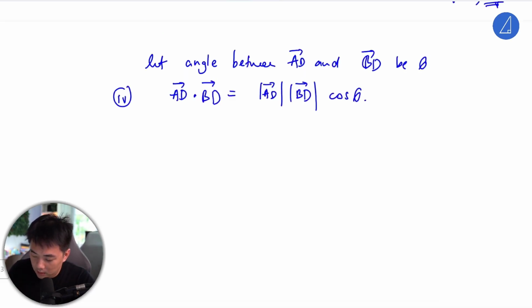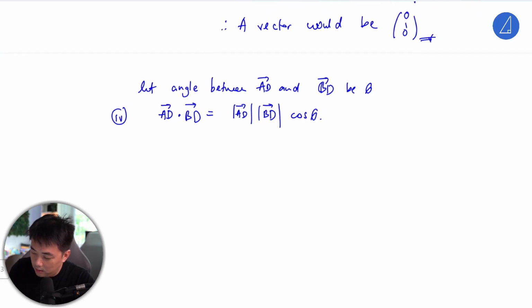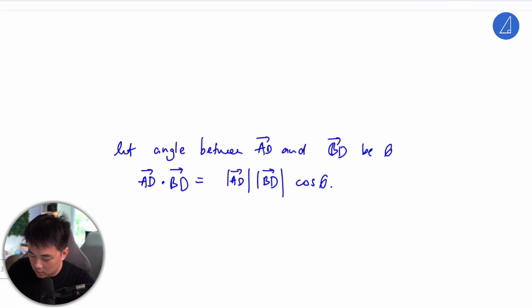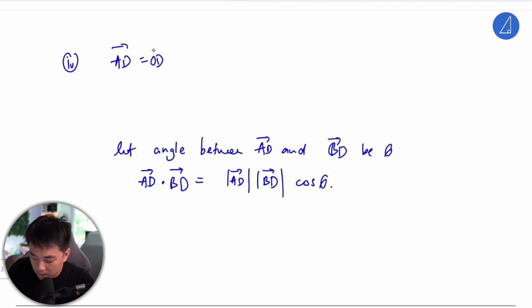Similarly, I'm going to find AD first, and AD should be quite okay. So AD is OD minus OA, then BD is OD minus OB.